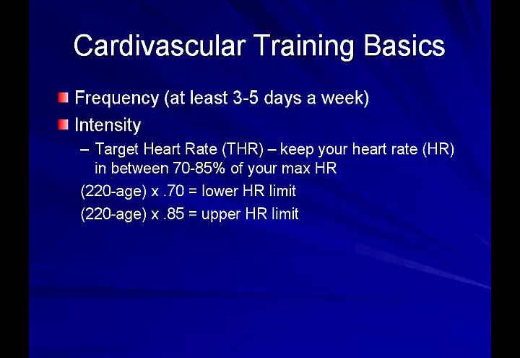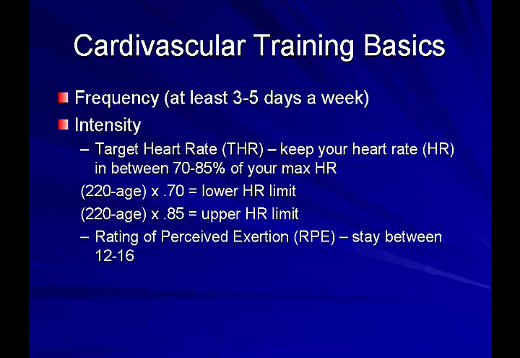If you're 20 years old, for example, your lower heart rate limit would be 140 beats per minute, and your upper limit would be 170. You would want to stay in between 140 and 170 beats per minute to have an effective workout.